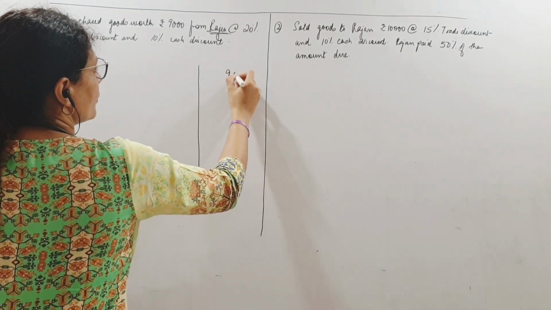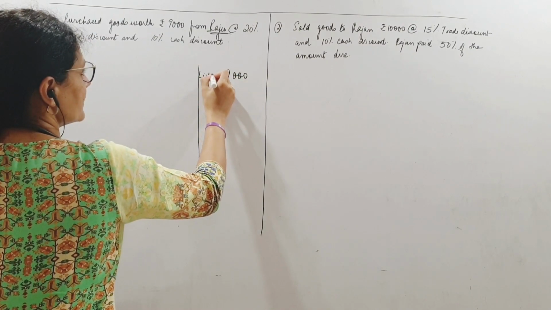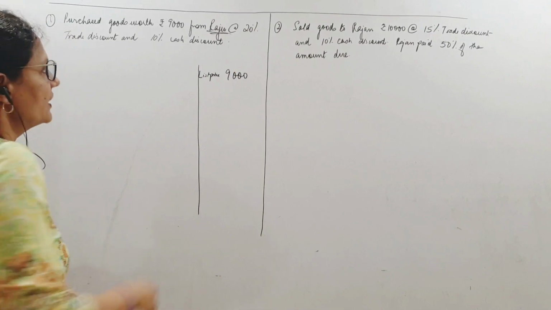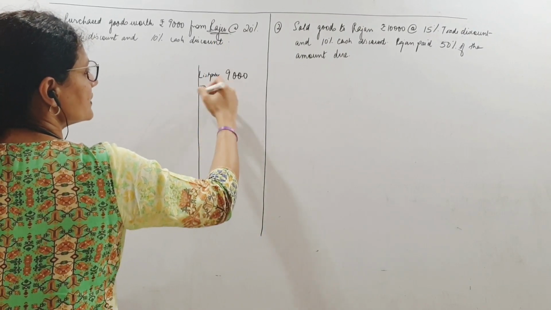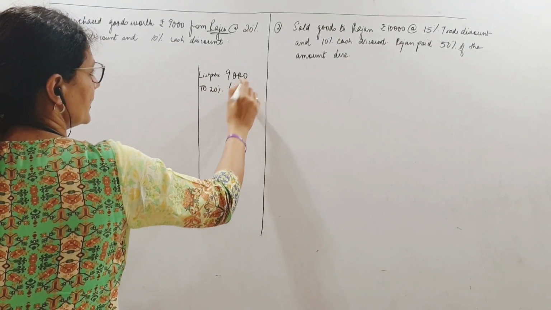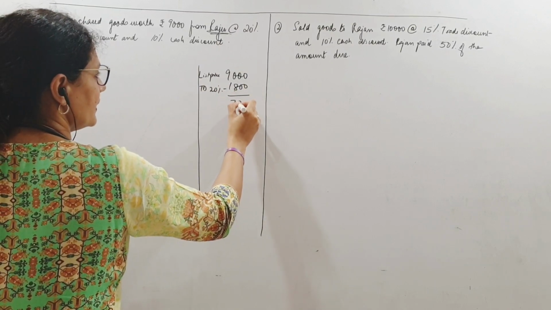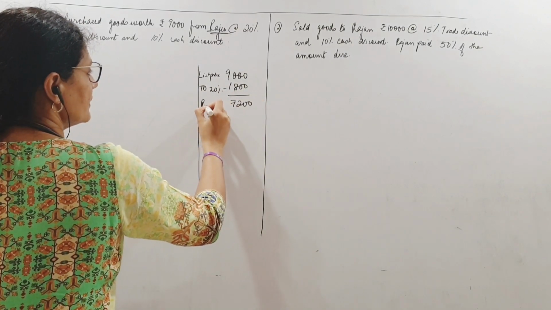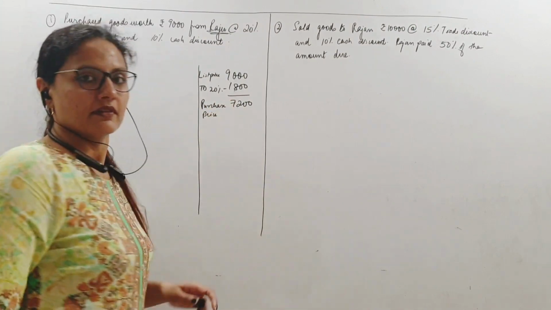The goods were of 9,000. This was the list price. Okay. On that 20% trade discount. 20% of 9,000, 1,800. I do not pay this, so I pay only the remaining. This is my purchase price. सही है ना?